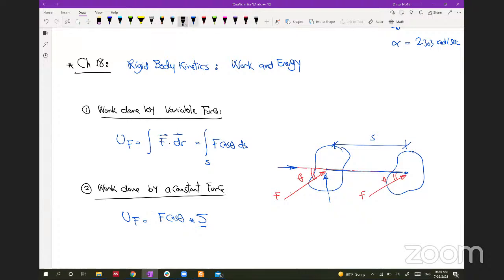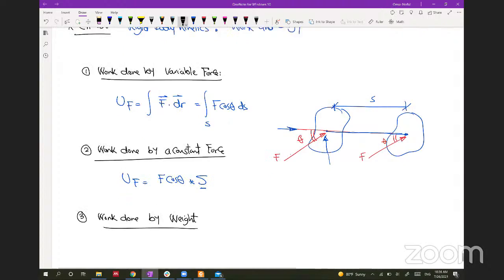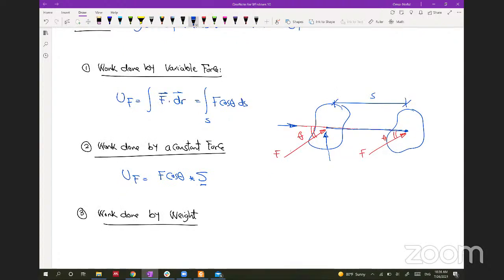And let's get to the work done by the weight, which is similar to the particles. If we have, like, this is our datum, and let's say our body started at this location, and this is the final location, and this is the path that the body moves on, like this.